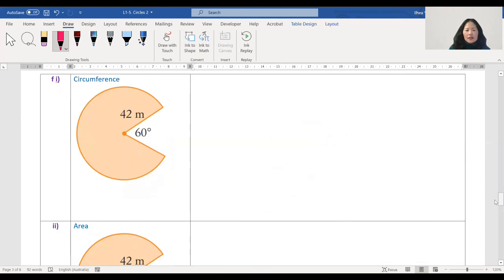Last question. Okay, let's have a look at that. Now, what was the first step? It was finding our radius, which is 42 meters. That's my radius. Now, second step, we don't have the angle here at the moment. So this is the angle I'm talking about. How are we going to find the angle?